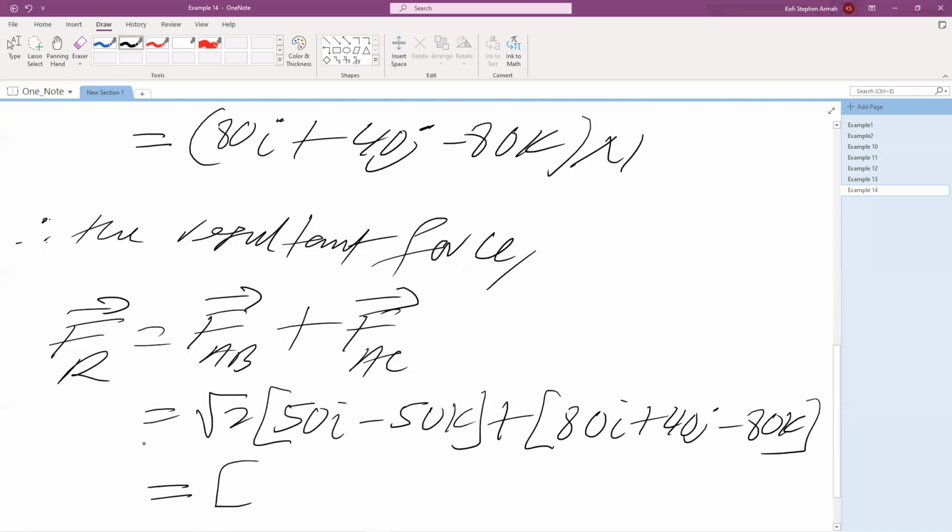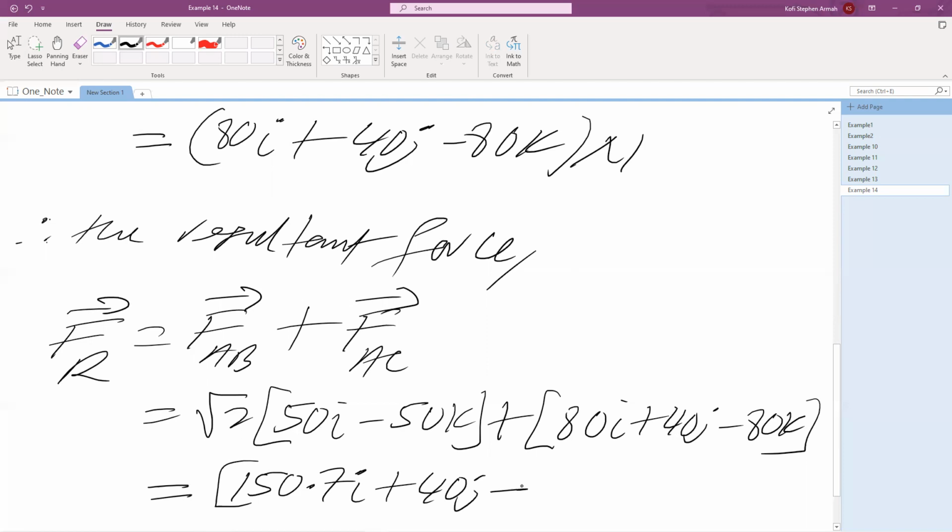80 plus 50 root 2. This is about 150.7I. And then they ask for the J, there's no J, so the J is the same as this, that'll be 40J.